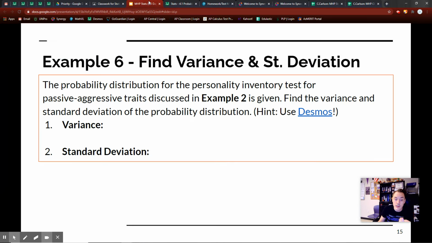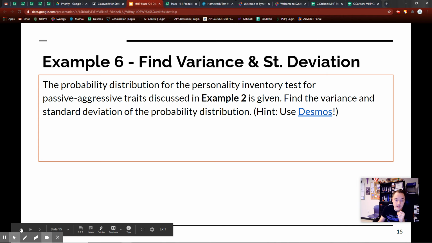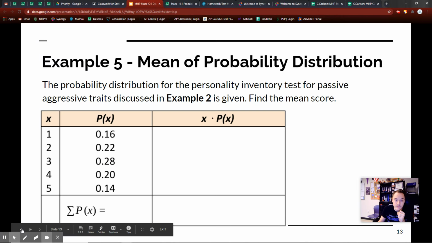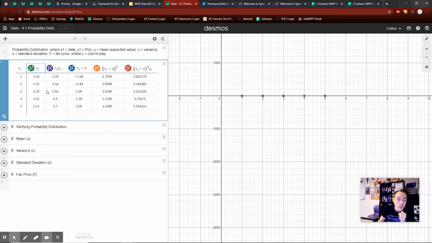Now watch. Okay, our actual data set from here, I'll pull this up. This probability, the thing I'm circling with my mouse, is 0.16, 0.22, 0.28. I already have it programmed in there for you.